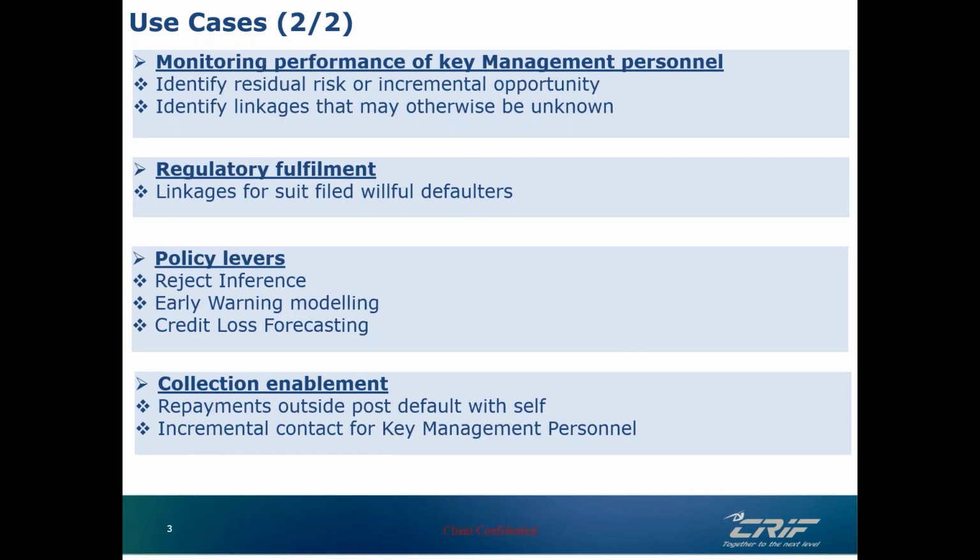The next use case of the CRIF commercial scrub is that it allows you to monitor the performance of key management personnel associated with the entity. Why is this information important?